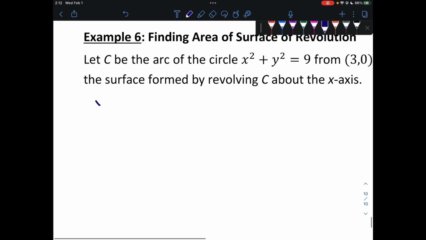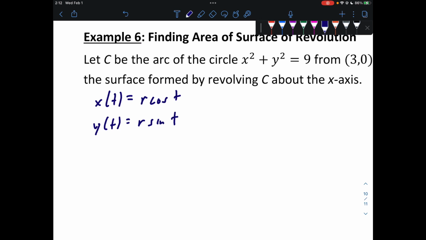If you remember your formulas here for polar form, x would be r cosine t and y would be r sine t. So in this case, x of t would be 3 cosine t and y would be 3 sine t.